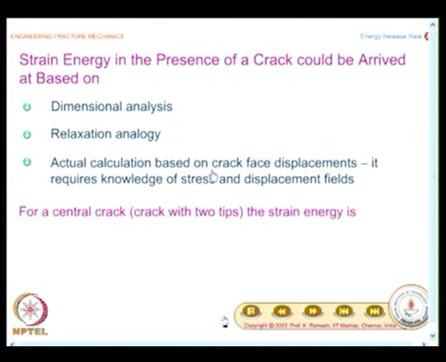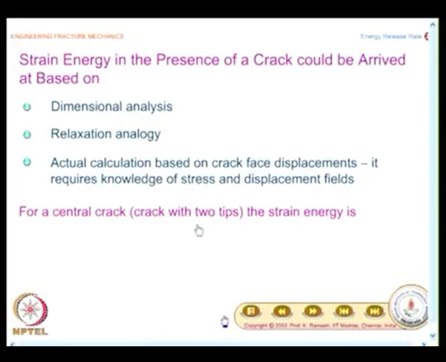In fact, only this would give the intended result, and this was taken up while we were developing fracture mechanics in the initial stages. So, the idea is to find out what is the real role of this relaxation analogy. You have to understand that as part of your learning process.